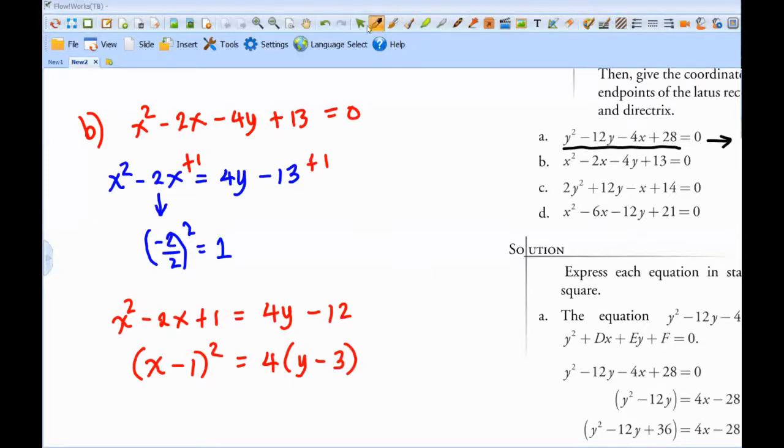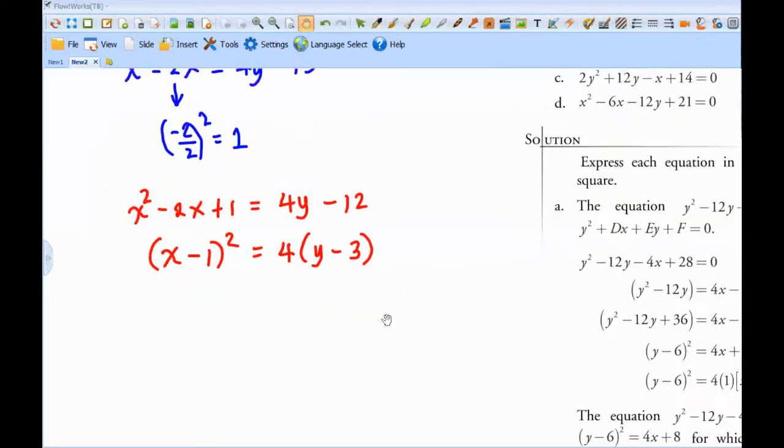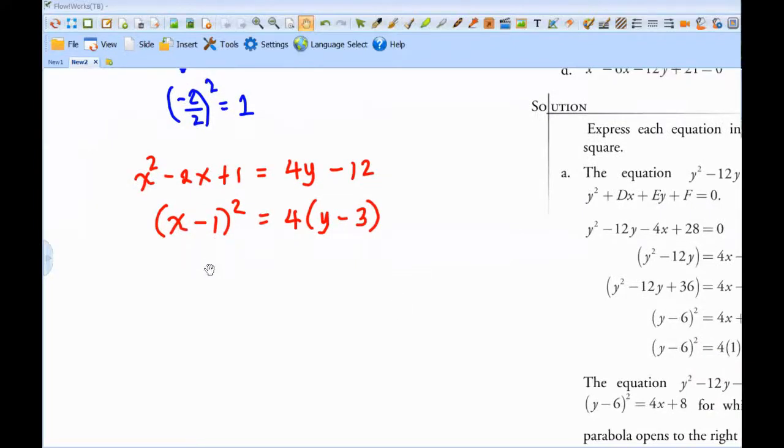Okay? So the parabola opens upward or to the right when p is positive. So we have the value of p. So 4p is equal to 4, divided by 4, then the value of p is 1.